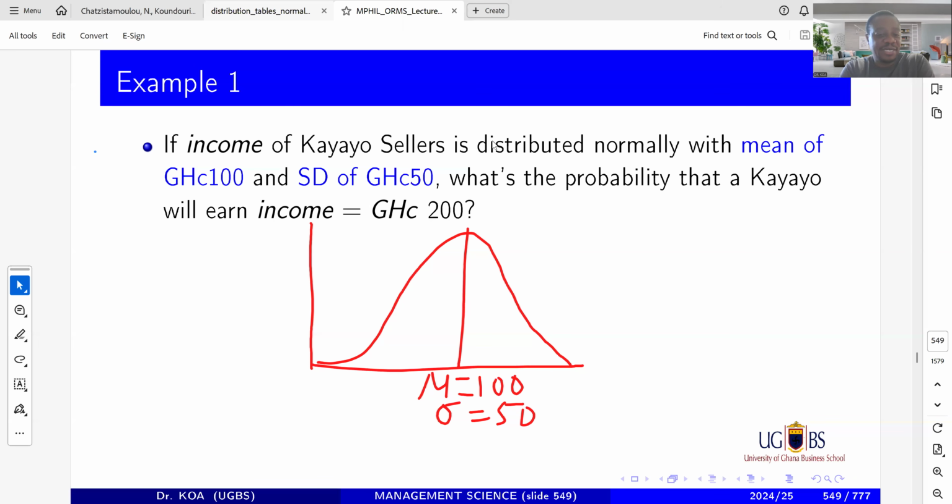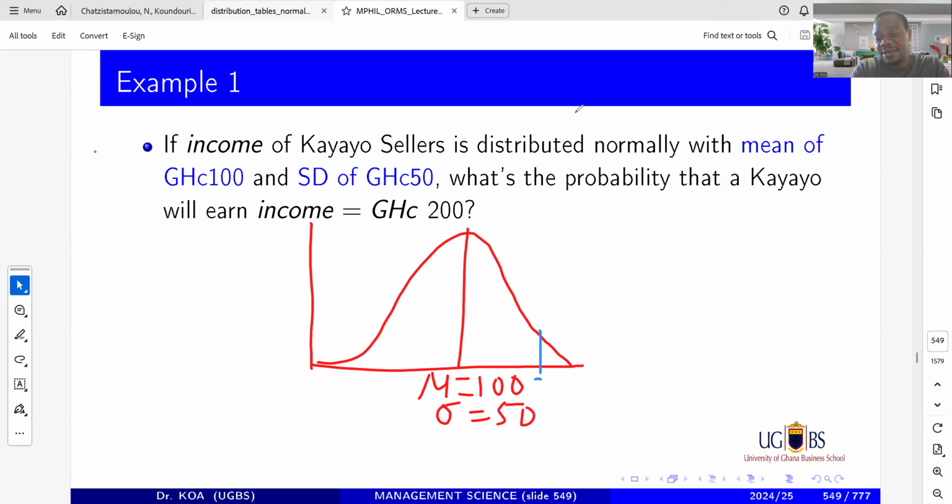Ask yourself, 200, is it to the right of the mean or to the left of the mean? Good. It's to the right. So 200 is to the right. So you indicate that 200 somewhere to the right here.